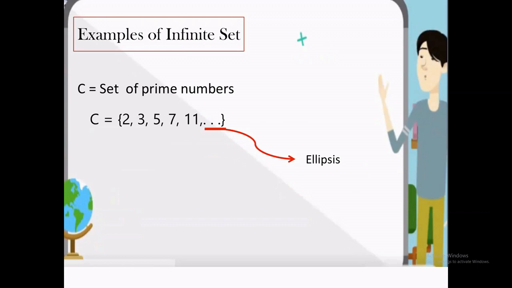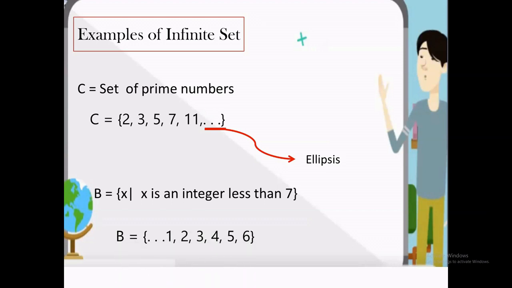You can see there are 3 dots here, which is an ellipsis, which means it can continue infinitely. B is the set of all x such that x is an integer less than 7. So what are the integers that are less than 7? 6, 5, 4, 3, 2, 1, and so on. Again, there's an ellipsis.